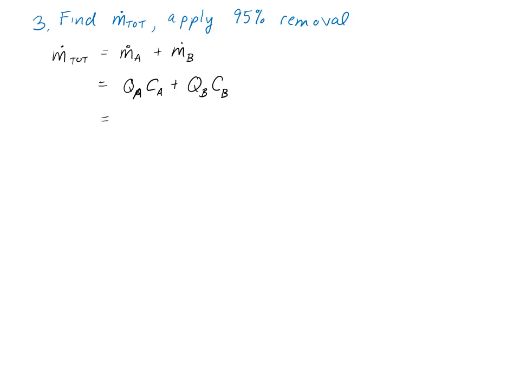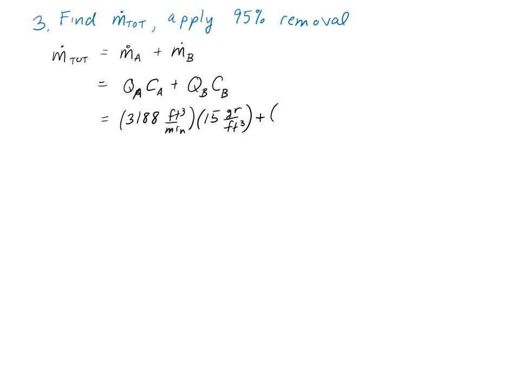Let's think about whether we're in standard or actual conditions. The concentrations were given to us in standard conditions, which means that we should use flow rates in standard conditions, which we calculated in step 2. So what we're going to use here is the 3,188 cubic feet per minute. And we'll multiply that by the concentration that we were given in the table, which was 15 grains per cubic feet.